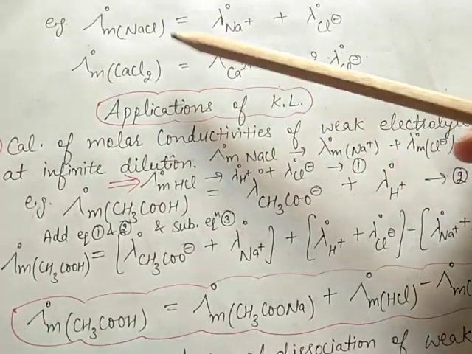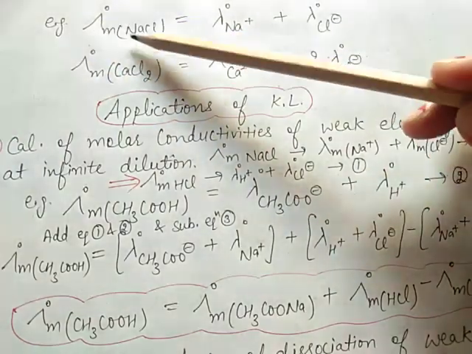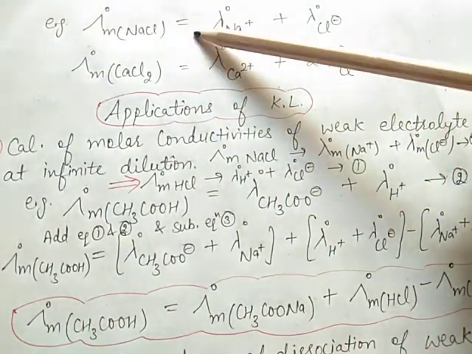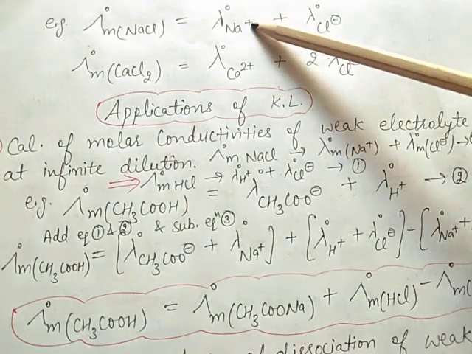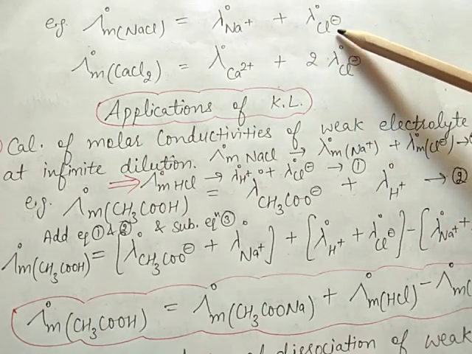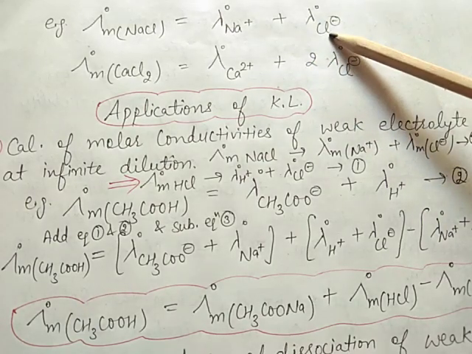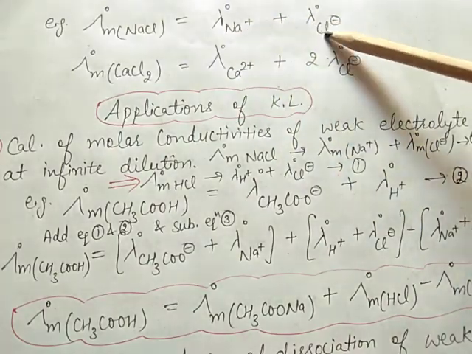Here we take the example of NaCl. Limiting molar conductivity of NaCl is equal to the limiting molar conductivity of the cation, that is sodium ions, plus the limiting molar conductivity of the anion, means lambda naught Na positive plus lambda naught Cl negative.